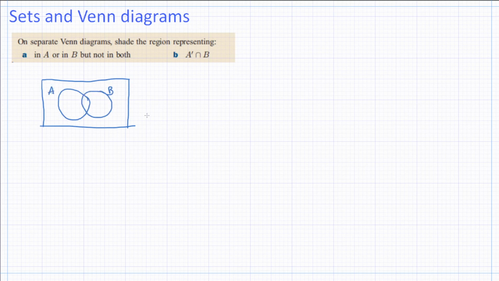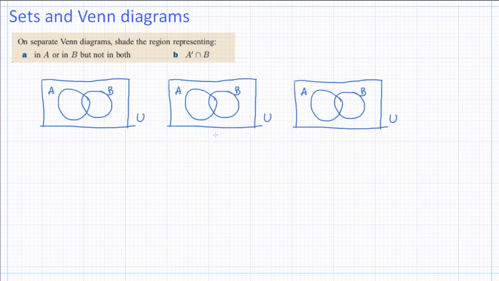So let's draw those diagrams. So let's first draw them separately. So in A, now, so here that's A, or in B. So in A or in B. So or would be the union, right?